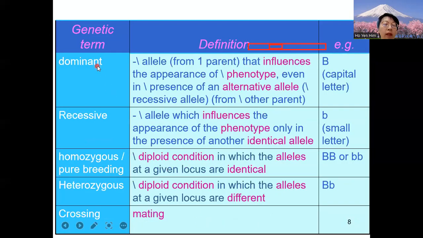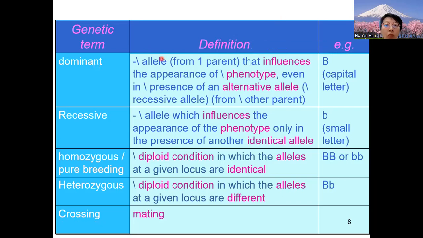Now, what about dominant? This is the part that you make sure you learn correctly. Dominant refers to the allele, not the phenotype. So when you have brown eyes, I cannot say that brown eye is dominant, because phenotype cannot be dominant. Only the allele can be dominant.